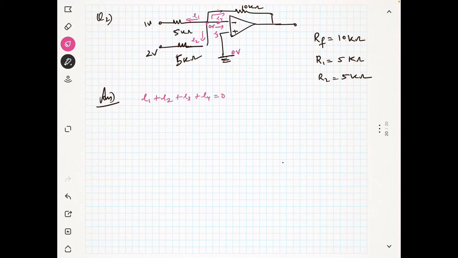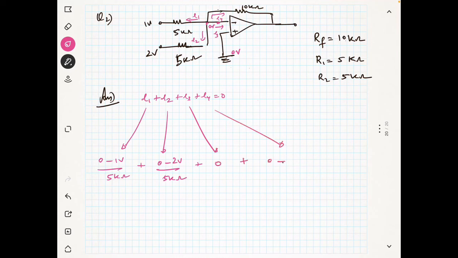And what is I1? I1 is nothing but 0 minus 1 volt divided by 5 kilo ohm. And I2 is 0 minus 2 volt divided by 5 kilo ohm, plus I3 is 0, plus I4 is 0 minus V out divided by 10 kilo ohm, equal to 0.